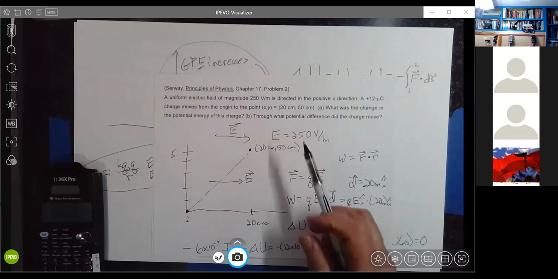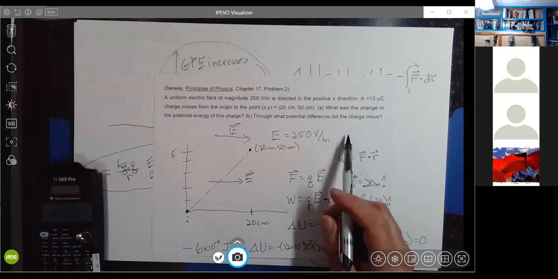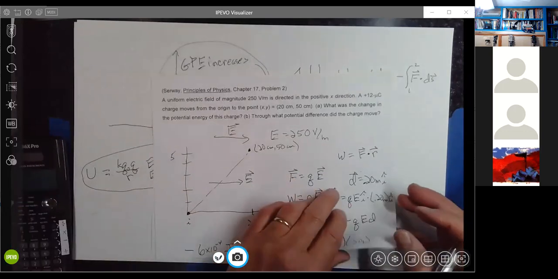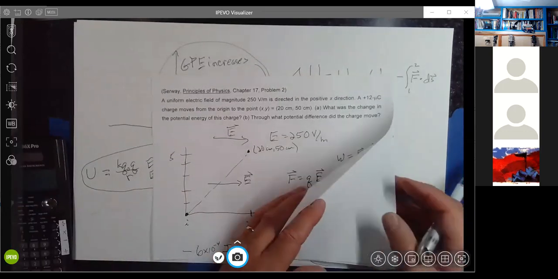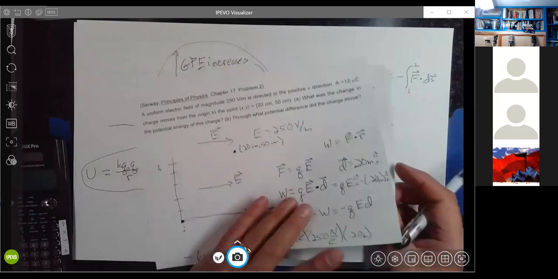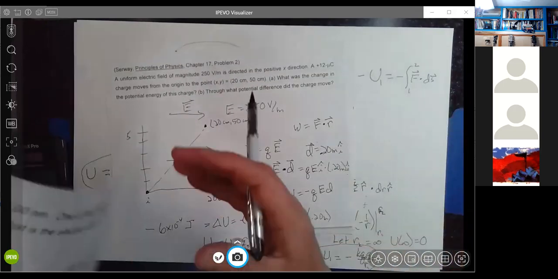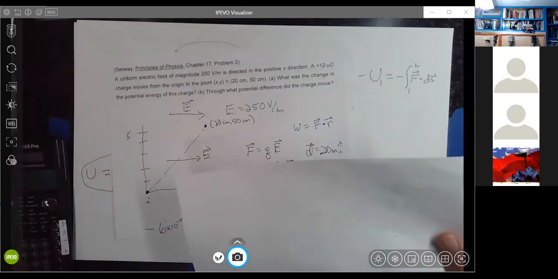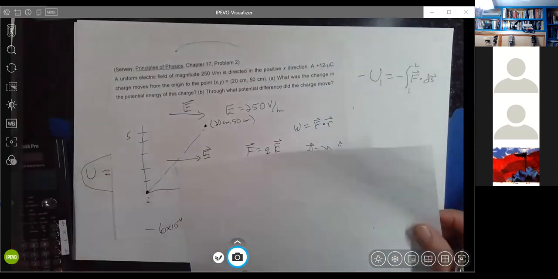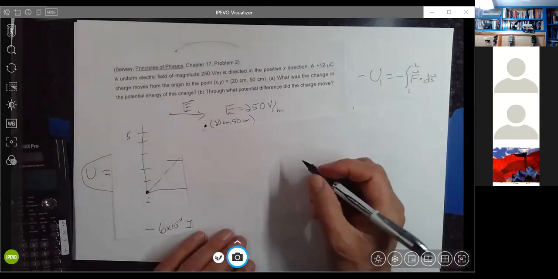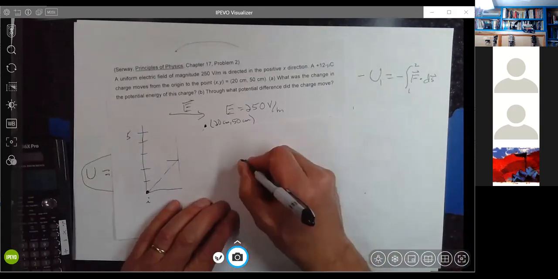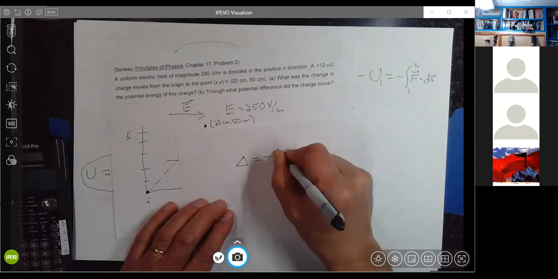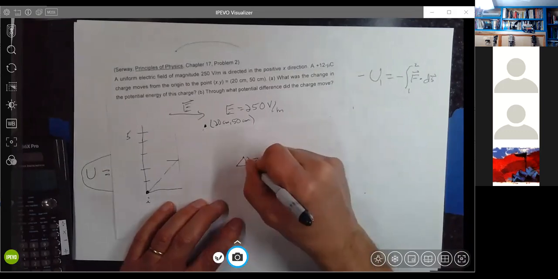Now, through what potential difference did the charge move? Okay, let me show you how we can define electric potential difference. When we have an electric field, it actually ends up looking like this. Delta V is just minus... whoops, forgot a V on here.